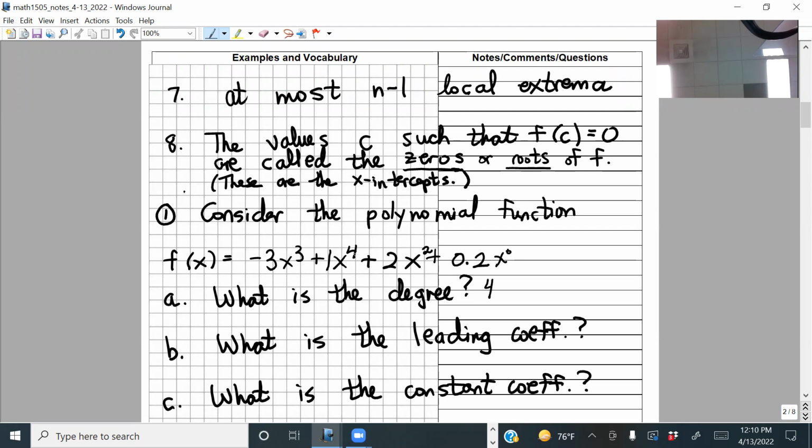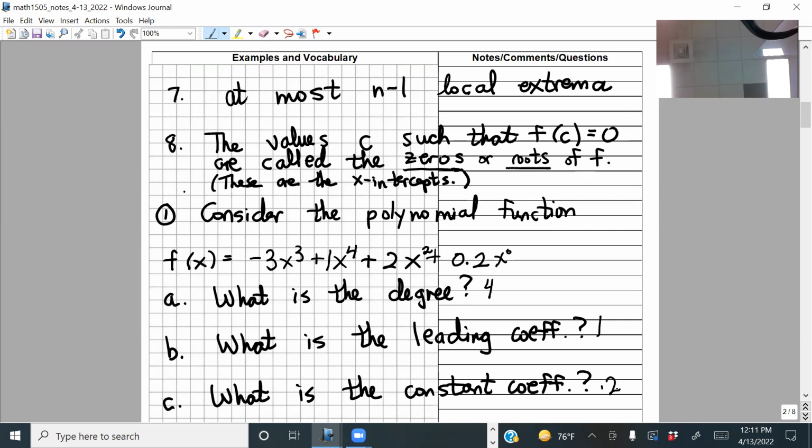I wrote the term with x squared just to throw you off there. So the degree here is 4. The coefficient of that highest power of x is called the leading coefficient. So what's the leading coefficient here? 1, right. And whatever constant is added on at the end of the formula is called the constant coefficient. So in this case, that's 0.2.